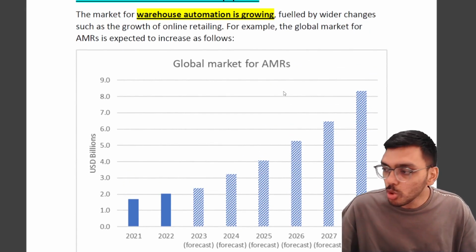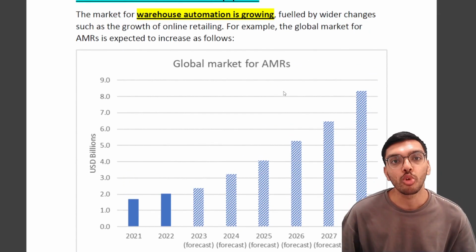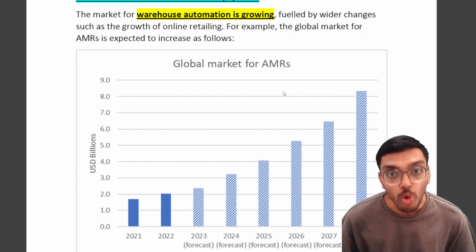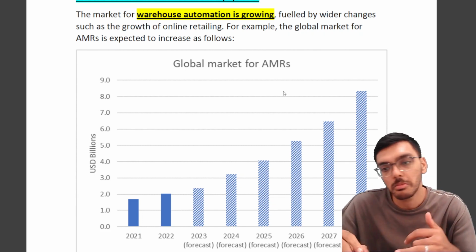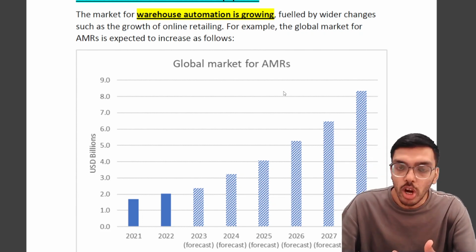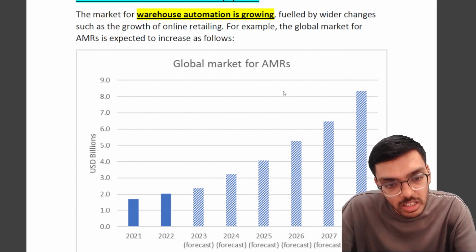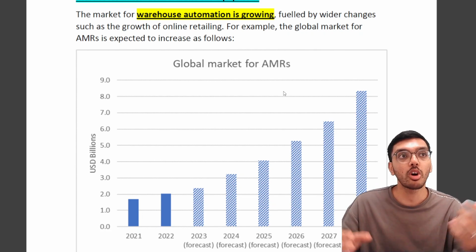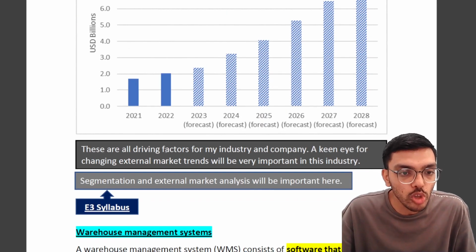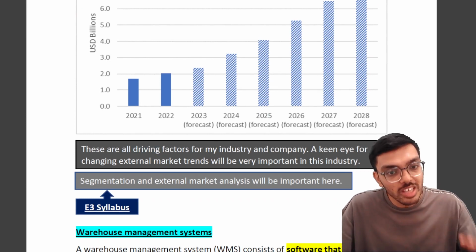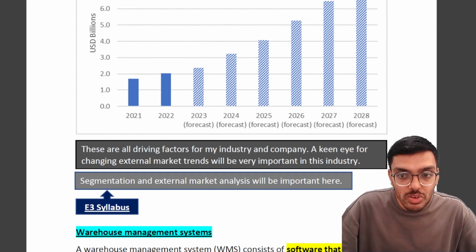So when I speak about my company Robobryce, I want to see what Robobryce is doing to capture the AMRs market. Because if we are not focusing on capturing this market, then we are losing out on major growth opportunities. So these are all driving factors for my industry and company.